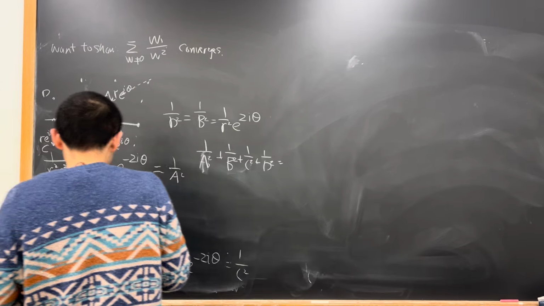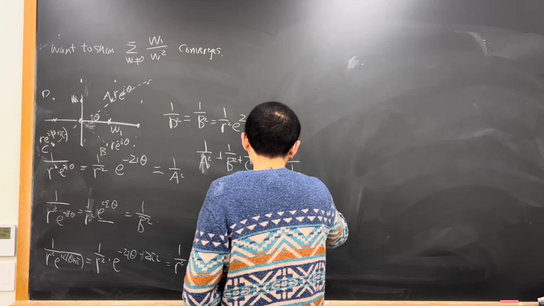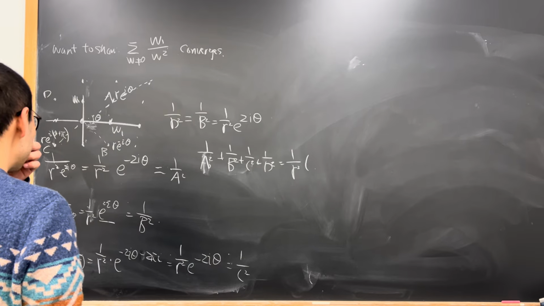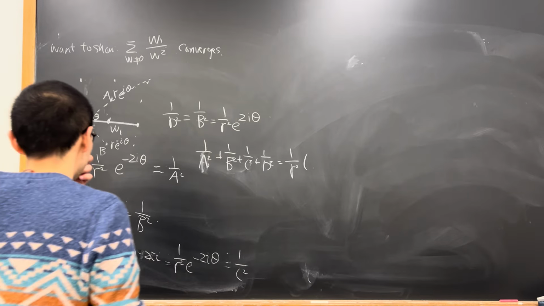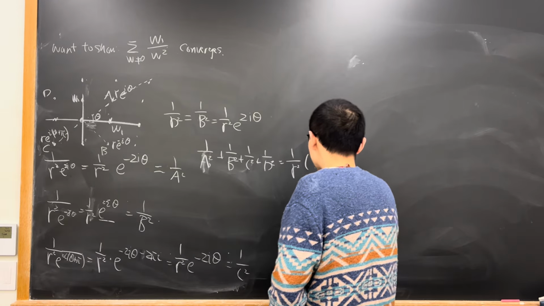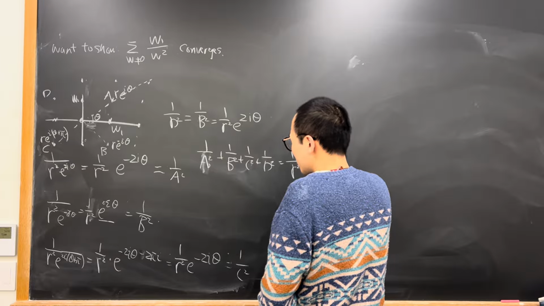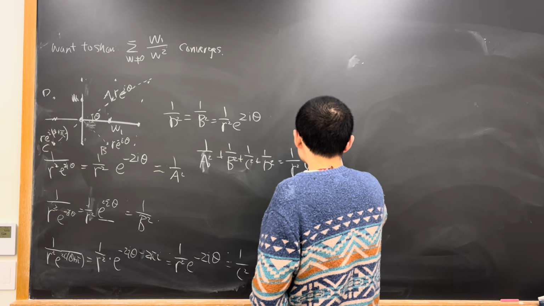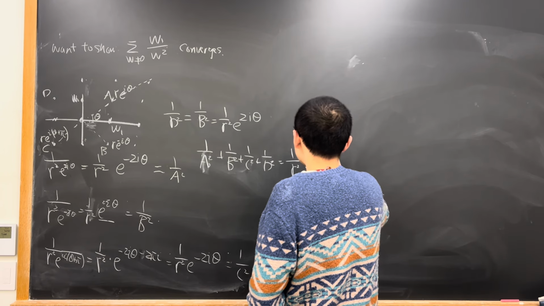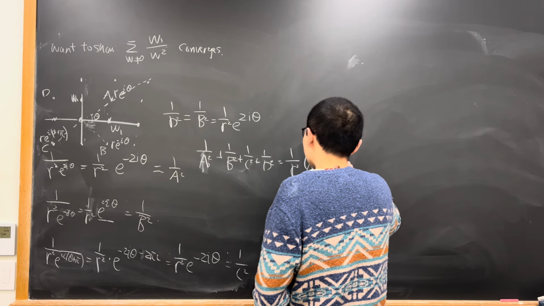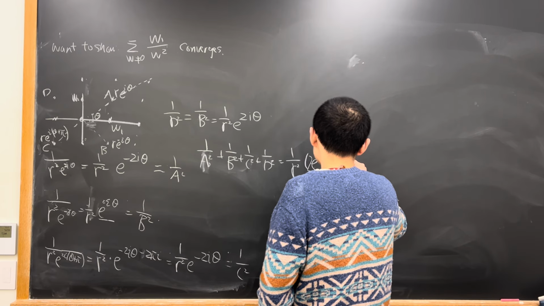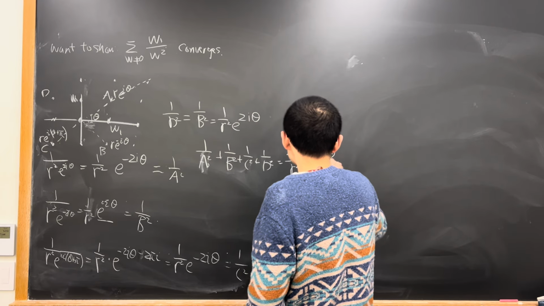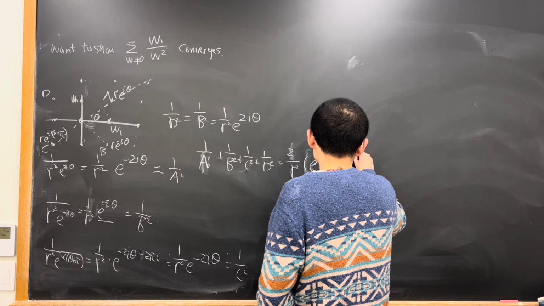This whole thing will give you just 1 over r squared times some angles: 2 e to the 2i theta, so let's pull out the 2 here, plus e to the negative 2i theta.